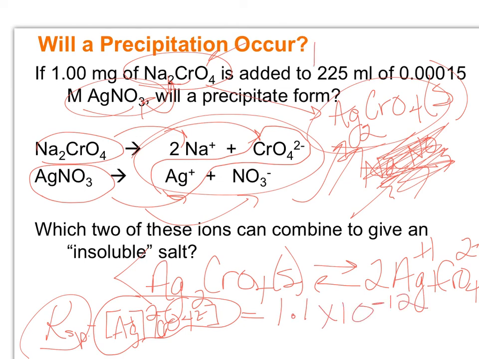So normally they would have, as an aside, KSP for silver chromate is 1.1 times 10 to the minus 12. And so you would look for that and say, oh, silver chromate is the precipitate, and then you could proceed to write the dissolution equilibrium.